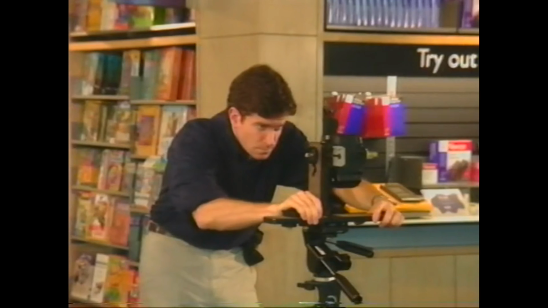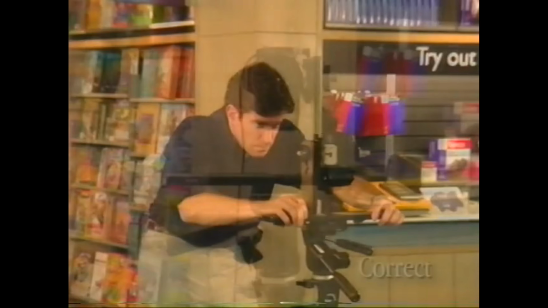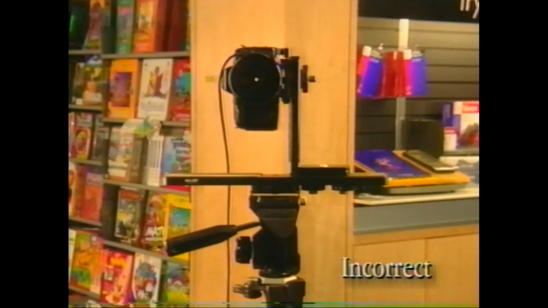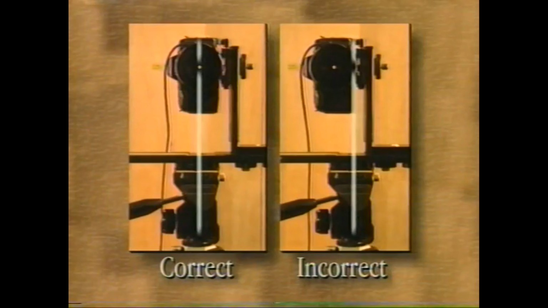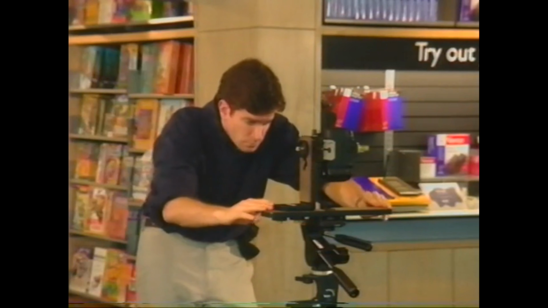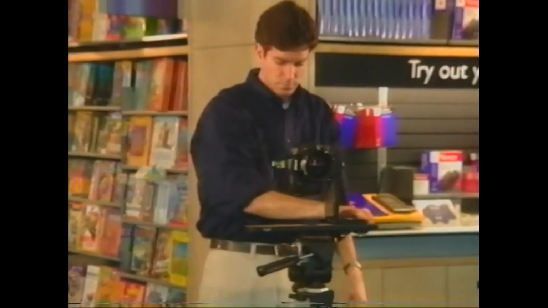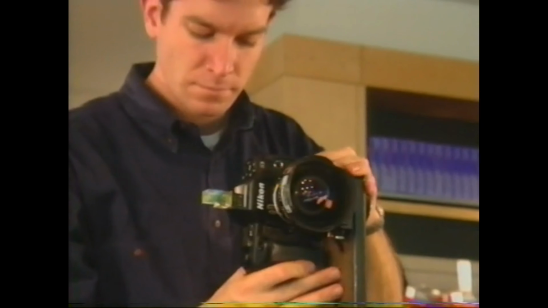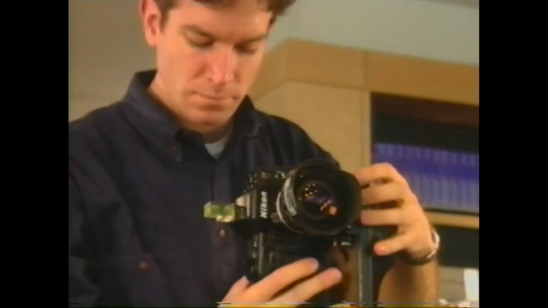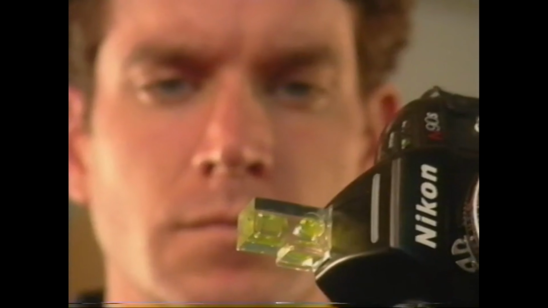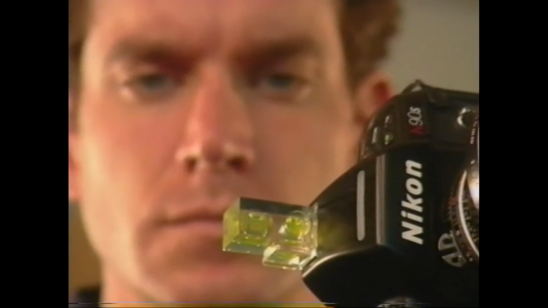Adjust the L bracket back and forth so that the center of the lens is above the pivot point. Gently tilt the camera back and forth. And check the flash bracket level to ensure that the camera is mounted properly on the L bracket.